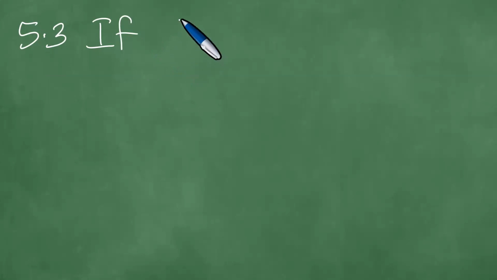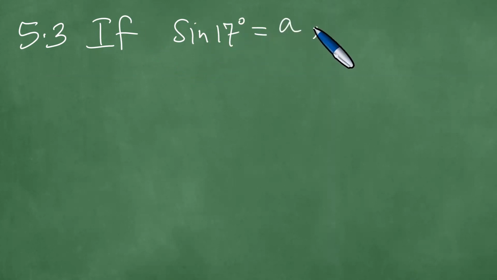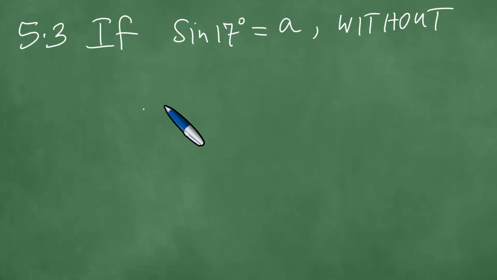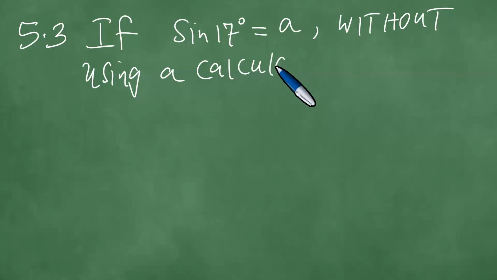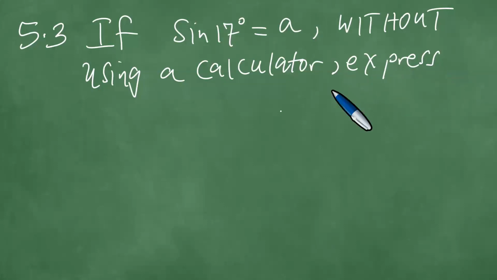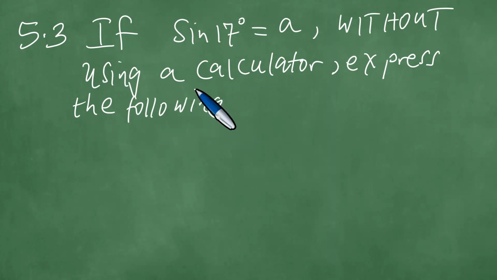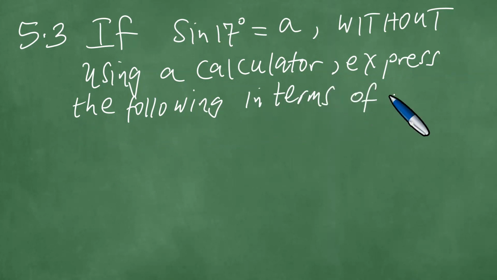We continue to say if the sine of 17 degrees equals A, without using a calculator, express the following in terms of A.